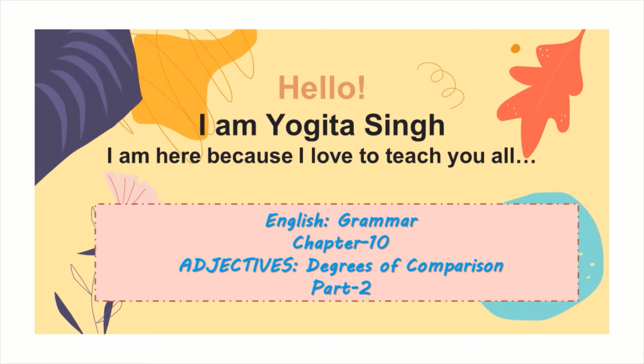There are 3 degrees of comparison, that is positive, comparative and superlative, right? And what is an adjective? Adjectives, the words which give more information about nouns, can be called adjectives, right? So today in this video we will solve the rest of the exercise which we have not done in our previous video. So let's start.